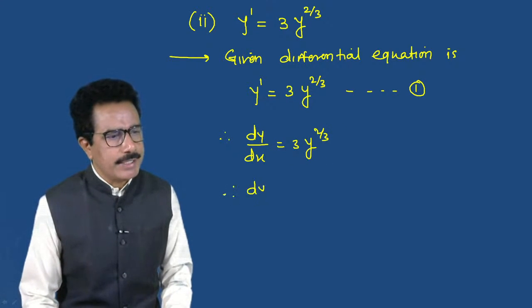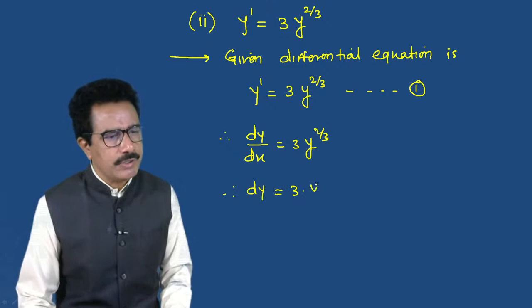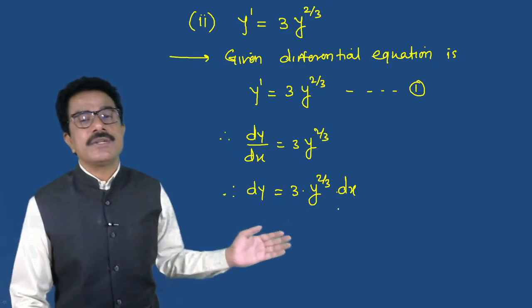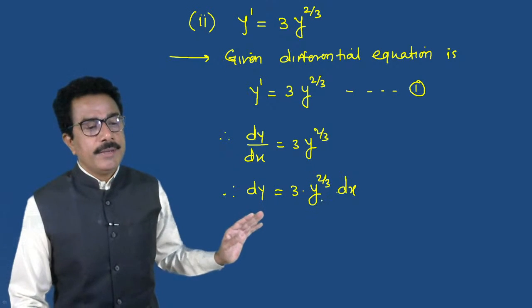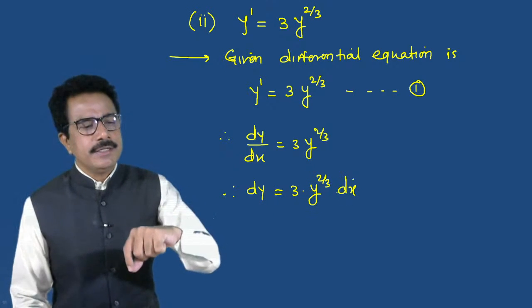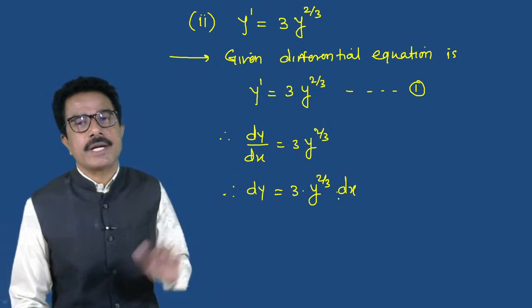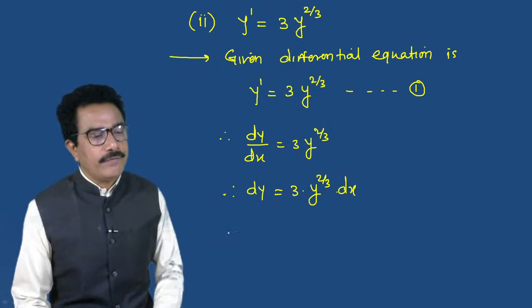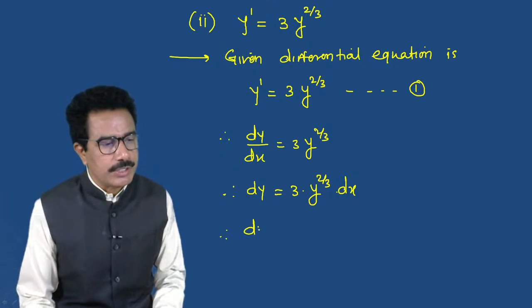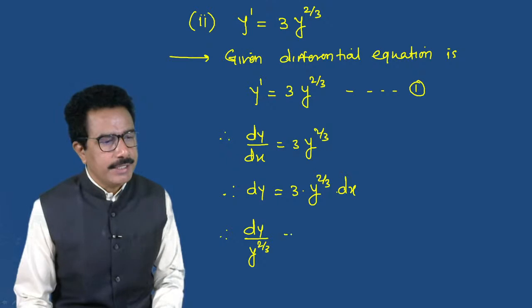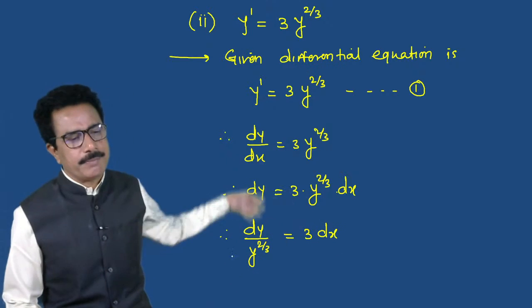So dy equals 3 into y raised to 2 by 3 into dx. But this is not variable separated, because on the right side there is a dy term. So we collect all terms of x on the right side and all terms of y on the left side. So dy divided by y raised to 2 by 3 equals 3 into dx. Now this is the variable separated form.